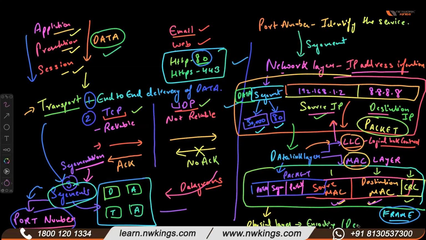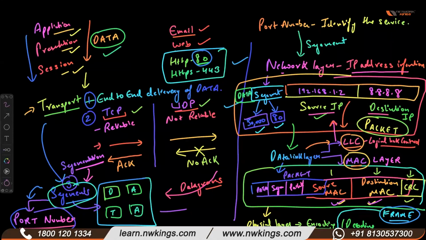Your computer has machines, assemblers and disassemblers, which convert all the data into 0 and 1 format. Decoding means the opposite. The physical layer converts this frame into 0 and 1 form and sends it as signals through the computer cable.